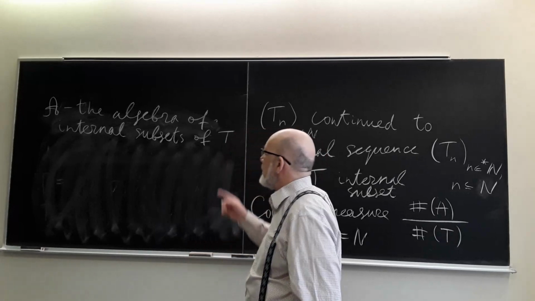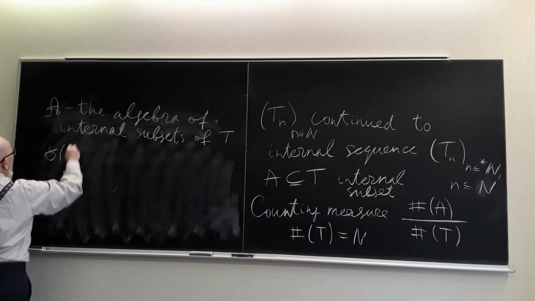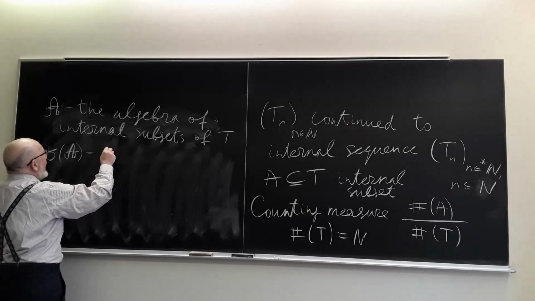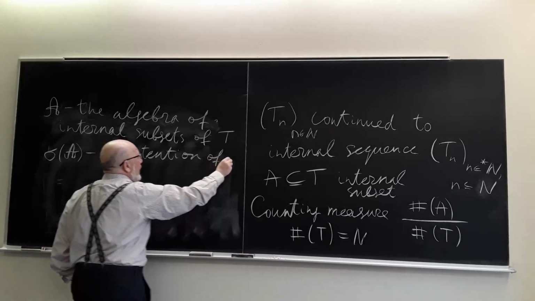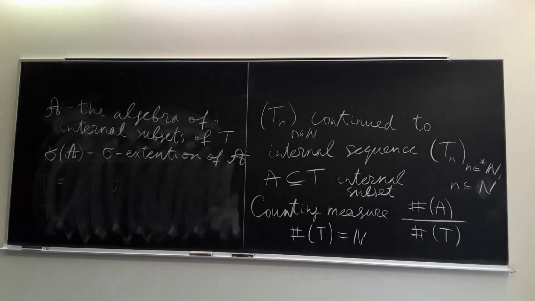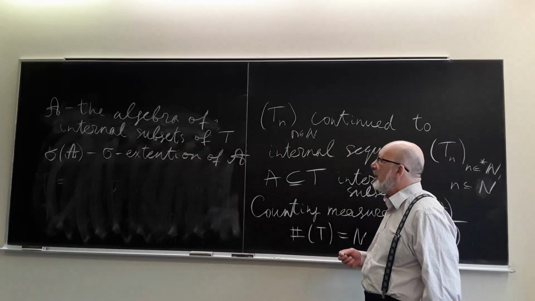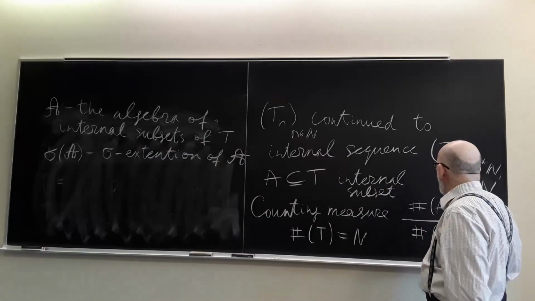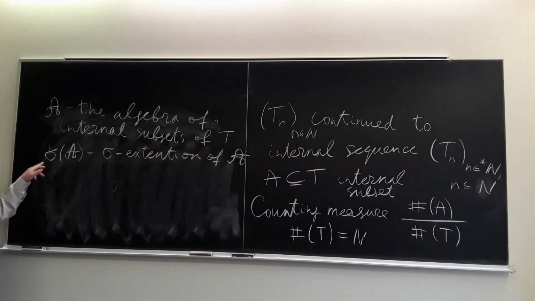The sigma algebra is the extension of this algebra, sigma of A. It is the sigma extension of A, the smallest sigma algebra which contains A. And as I explained last time, we can extend our counting measure of internal sets to this sigma of A.